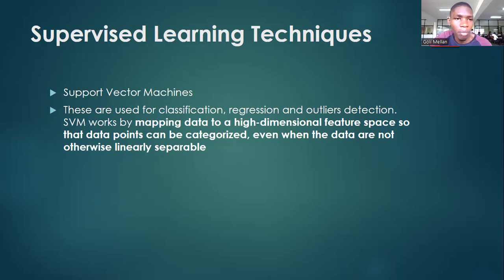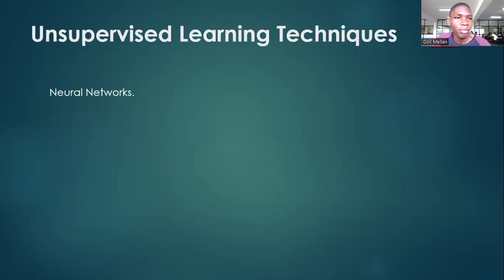It's used majorly for classification, regression, and outlier detection. It works by mapping the data to a high-dimensional feature space so that data points can be categorized even when the data is not otherwise linearly separable. We shall see what that means in a minute.